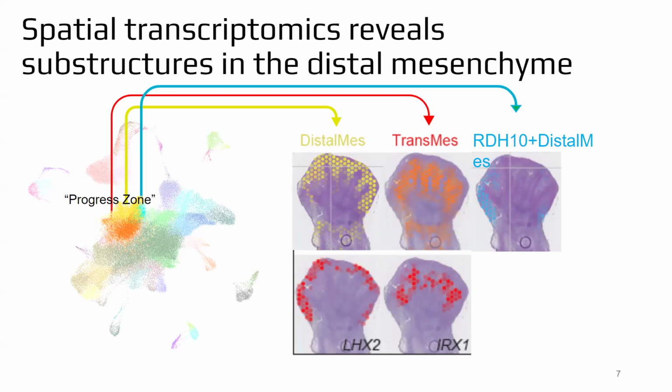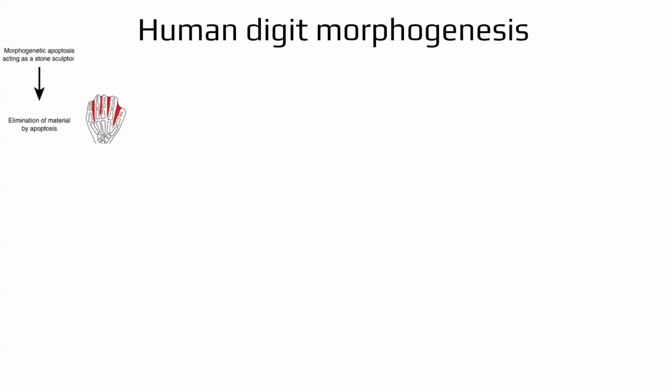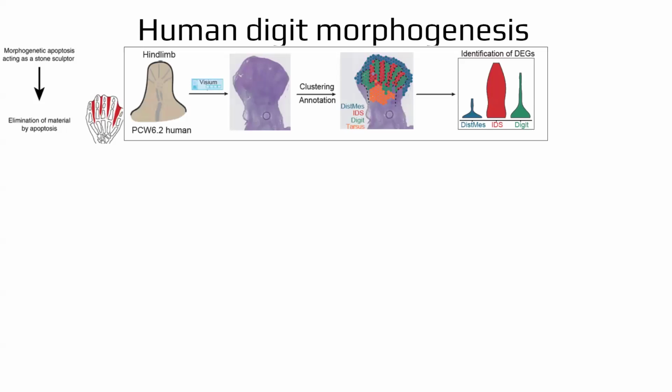And as we all know, we form the fingers from a sculpturing process rather than a sprouting process. So what I wanted to do is to understand what are the gene programs controlling the digit versus interdigit identities.